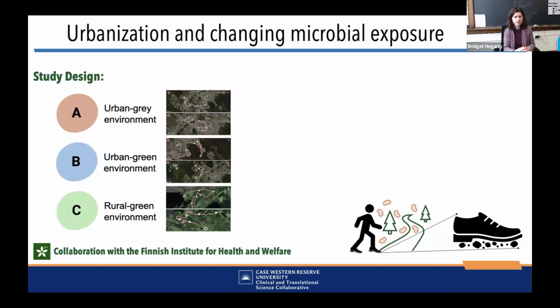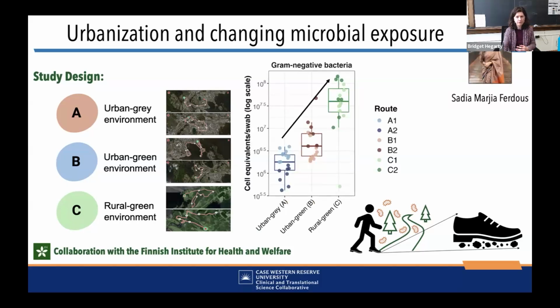And we were interested: do the microbial exposures change across these three environments? From previous work, we would expect this to be the case, but we wanted to see whether the shoe sole samples could actually replicate those results.